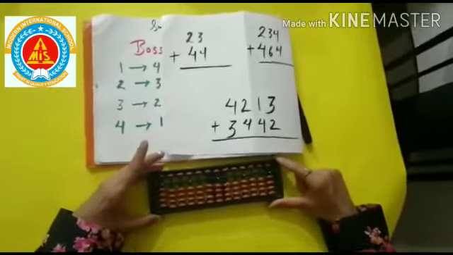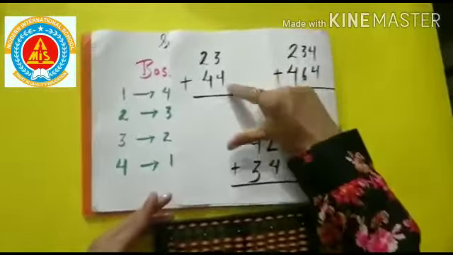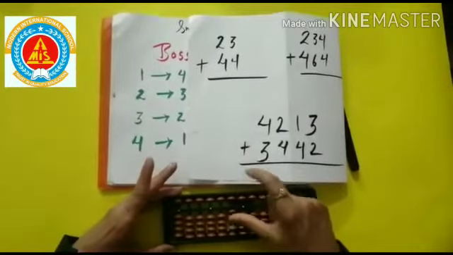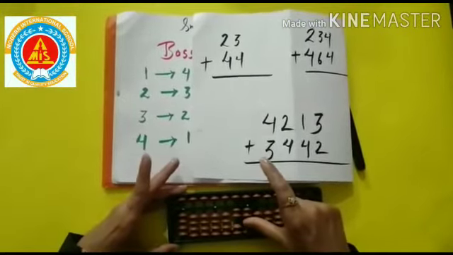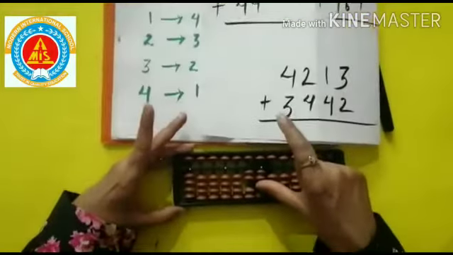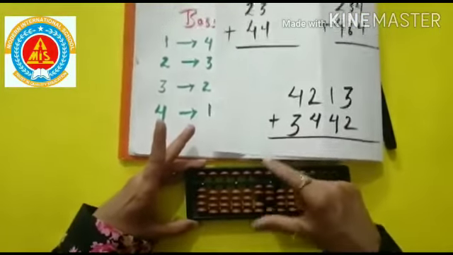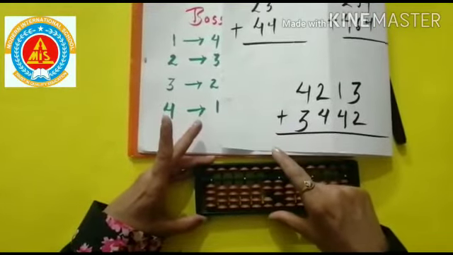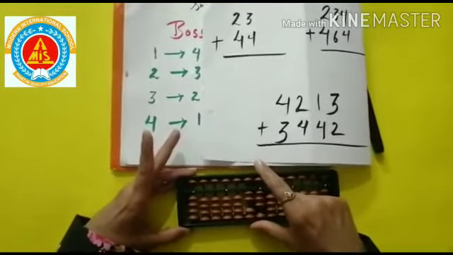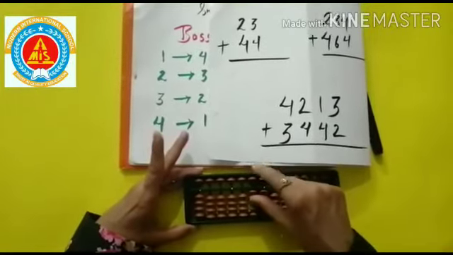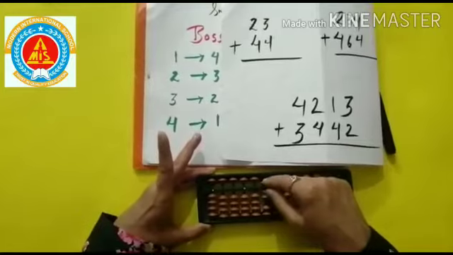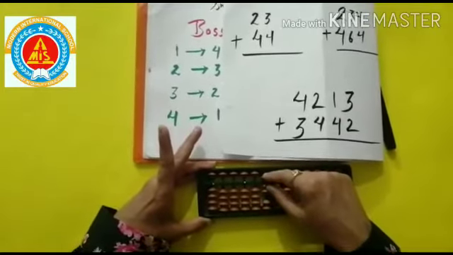Now we will take the numbers 23 plus 44. For that 20 and 3, that's 23. Now 44. For that 40 is not available here. So what will we do? We'll apply the small friend concept. Add the boss 5 less the friend 4.